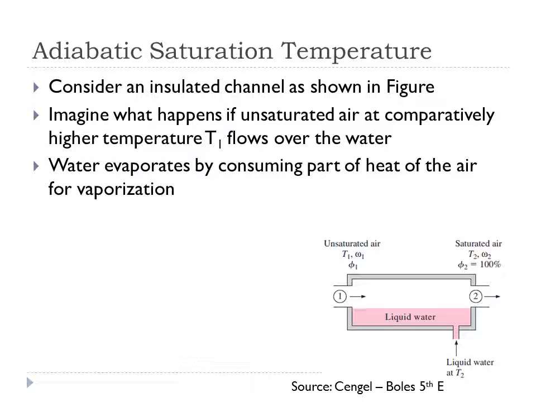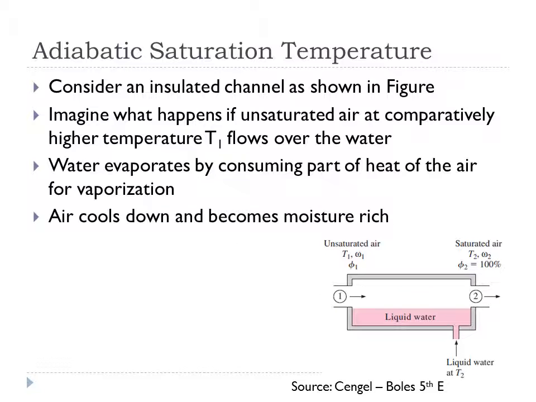Since air is supplying the heat of vaporization, air cools down, and since moisture from this liquid water body gets added into the flowing stream of air, the air becomes moisture rich.